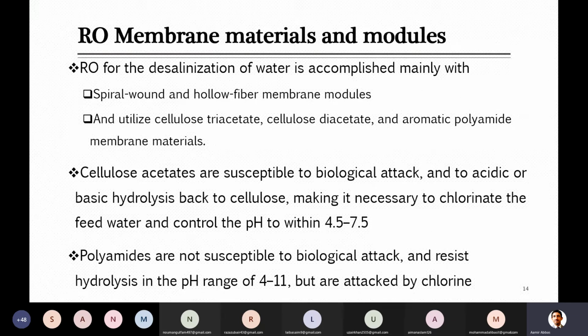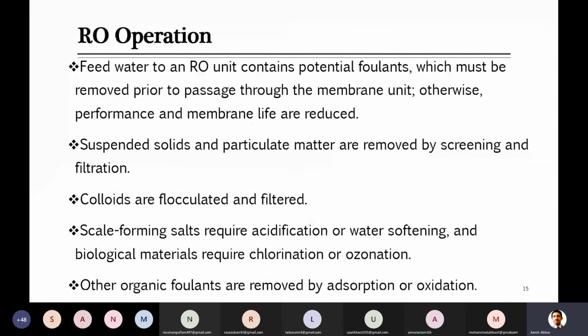But suppose you don't have any issue of chlorine, then it is better to go with this one, because here microorganisms don't damage this membrane. As well, the pH range is quite wide, from 4 to 11 you can operate this membrane. You don't need to adjust the pH and so on. So you have to look at your application and then just select.